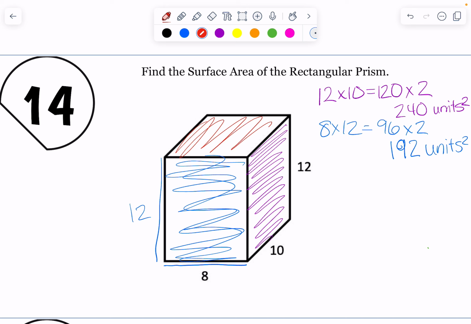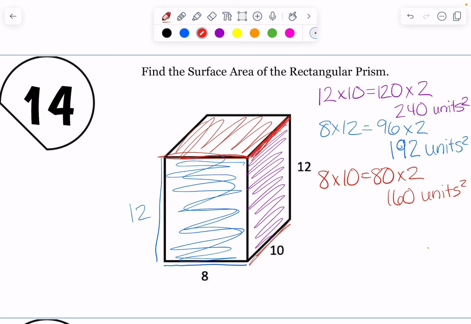And then if I figure out the area of that red rectangle, this measurement's 10, and then times the 8. So 8 times 10 is going to be 80. If that's the top of my prism, then the bottom is also 80. So that's going to give me a total of 160 units squared.